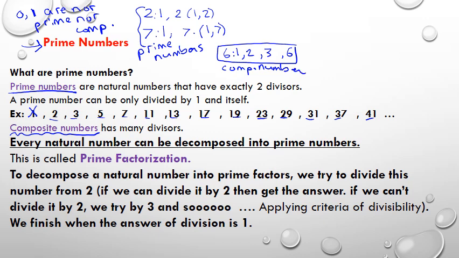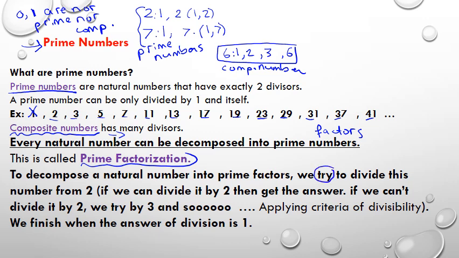Now if we have a composite number, we can decompose it, or we can write it as a product of prime factors or prime numbers. So any composite number can be written as a product of prime factors. This is called prime factorization. How can we do prime factorization? To decompose a natural number into prime factors, we try to divide.